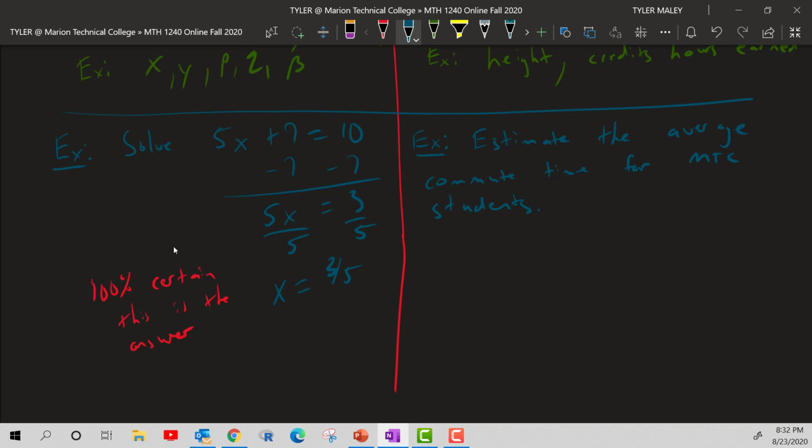And if I asked you for an assignment to solve this problem, to come up with this estimate, all of you are going to get slightly different results, right? How you would answer this is you'd want to come up with a sample of students, and from that sample, you would get what's called a point estimate, right? You would get a statistic to try to estimate that average commute time, right? But as you can imagine, different students are going to sample, have different people in their sample. So that's going to provide you with a different mean, right?